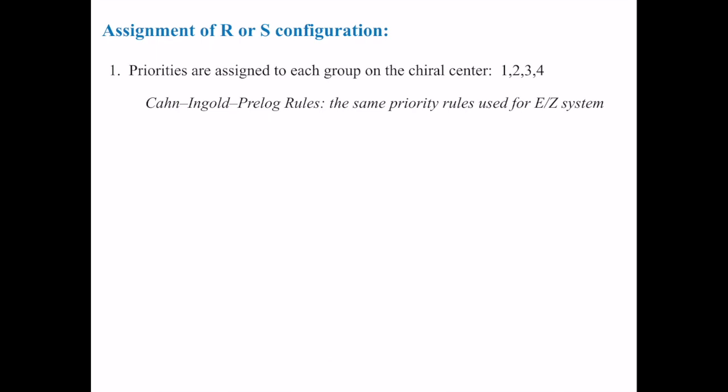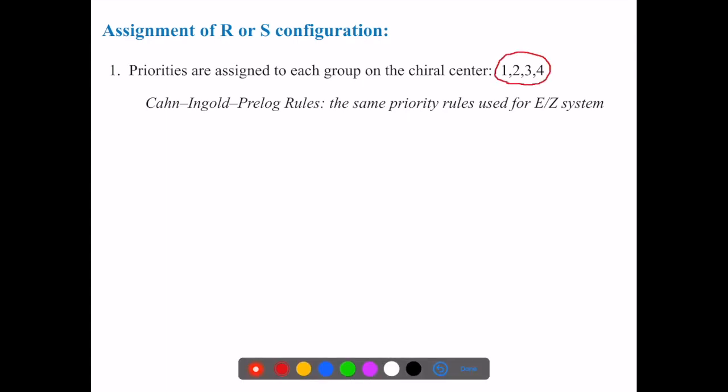How do we assign R and S? How are these two configurations defined? Well, we assign priorities 1, 2, 3, and 4. And we use the Cahn-Ingold-Prelog Rules.